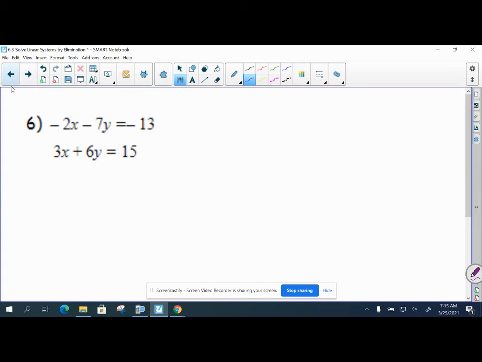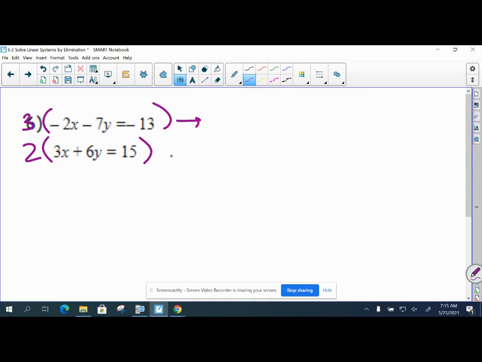All right, now for this question, the problem is that the x's and y's, you can't just multiply by one thing in order to get them to be the same but opposite sign. So we're going to have to multiply both equations by something. So if I multiply the top equation by 3 and the bottom equation by 2, then the x's will both be negative 6.